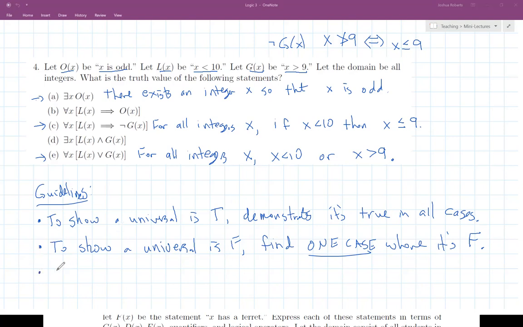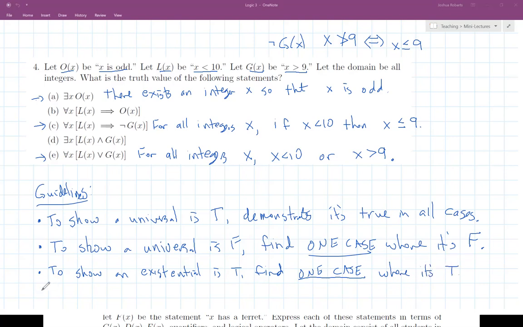For existential, it's kind of switched around. To show an existential is true, find one case, because one case is enough. One case where it's true.